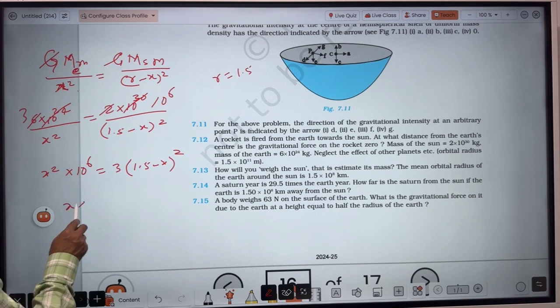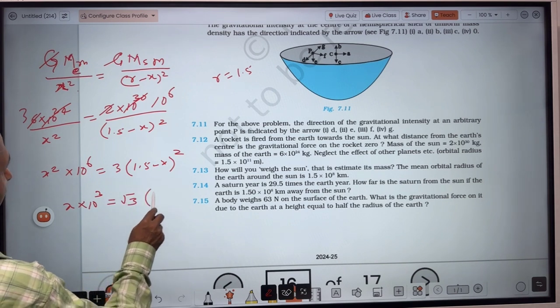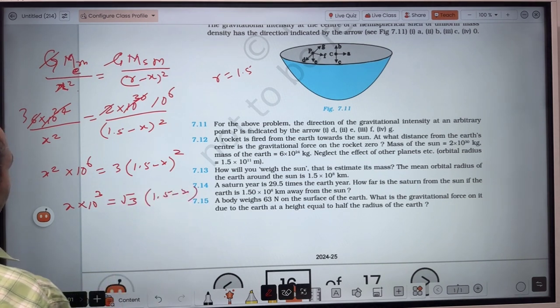So this will become X into 10 power 3 equal to root 3 multiplied by 1.5 minus X. If you simplify, what do you get?